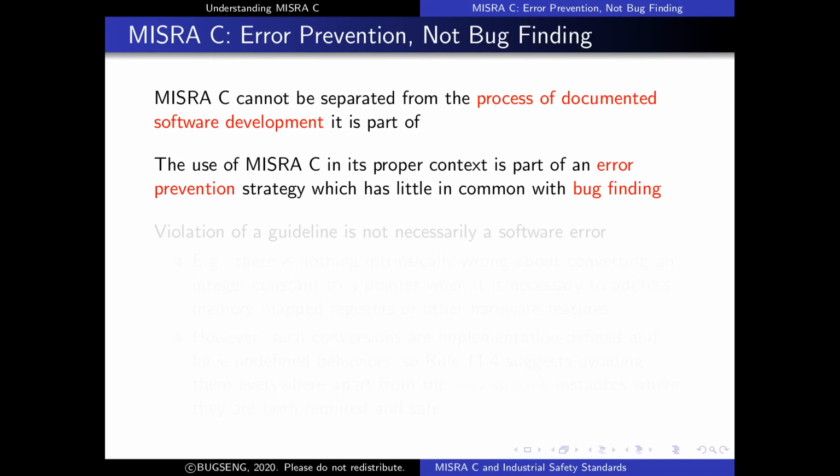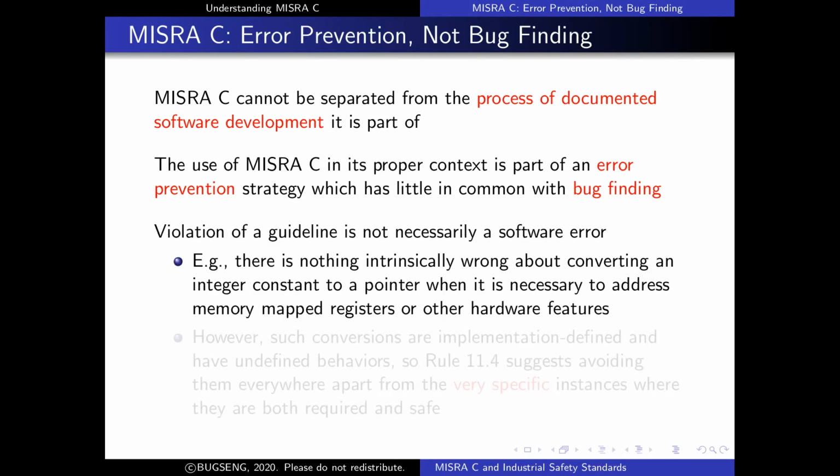We also at BUGSENG produce a bug finder. However, MISRA is a different thing. Why is it different? First of all, because violation of a guideline is not necessarily a software error. Okay, MISRA C is prevention. For example, there is nothing intrinsically wrong about converting an integer to a pointer, especially when I need this to address memory mapped registers.